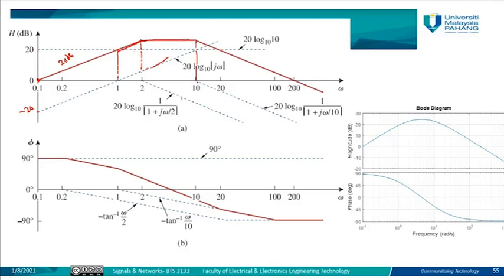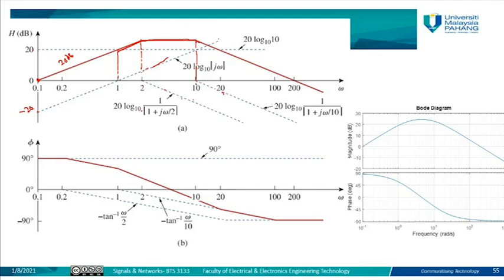At 10 here, we have another negative 20. So now we have negative 20 dB per decade from this one and negative 20 dB per decade from that one, so negative 40, plus positive 20. That means the result will be negative 20 only. So this goes with negative 20 dB per decade.